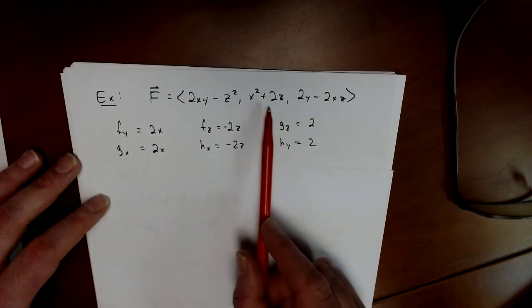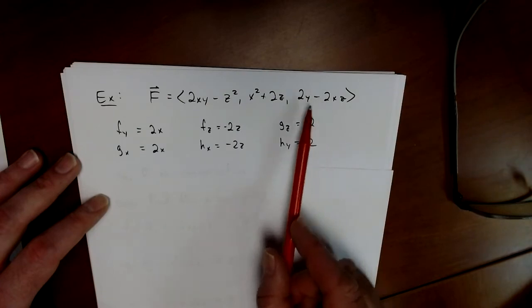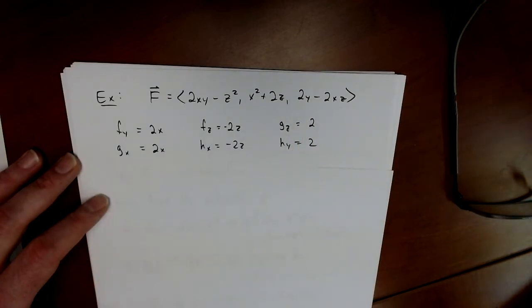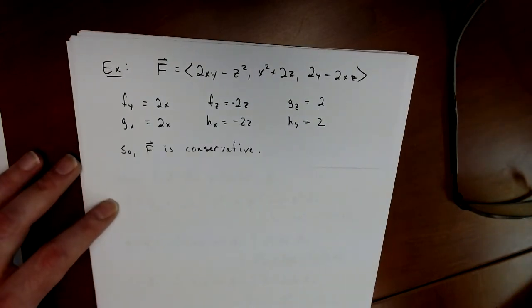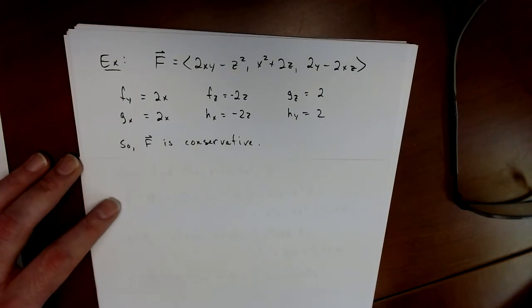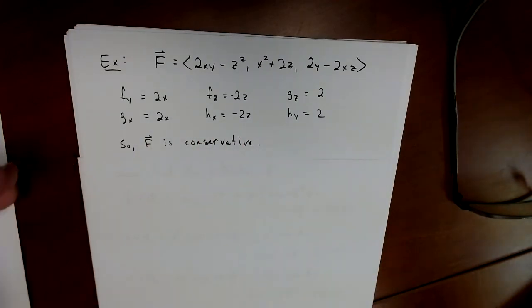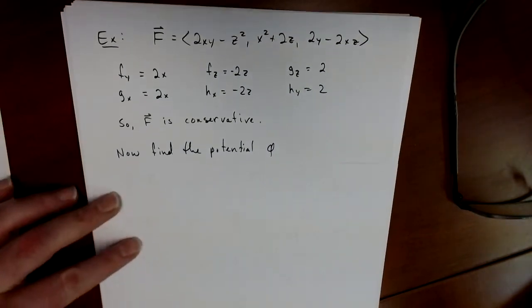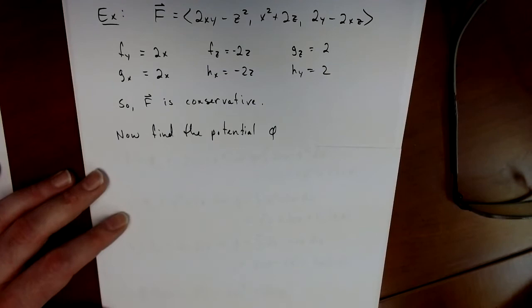So g with respect to z, h with respect to y, those have to match. And so you can check those on all 3 of these. So once again, we have a conservative vector field. If one pair of these didn't match, it wouldn't be conservative, but these are going to be conservative so that we can find a potential.